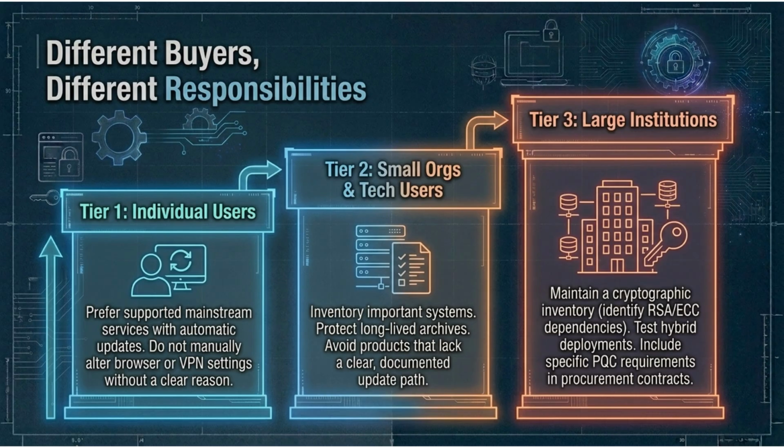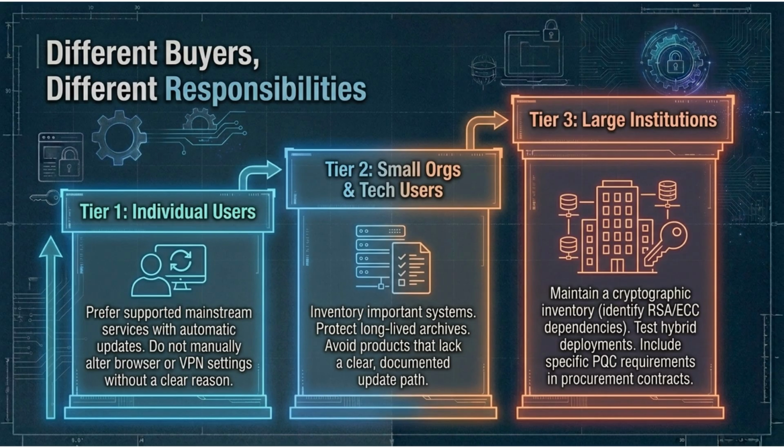Responsibilities during this transition depend heavily on the role of the buyer or organization. Individual users, representing Tier 1, should simply prefer mainstream, supported services that receive regular, automatic security updates. They do not need to manually configure advanced cryptographic settings. Tier 2 covers small organizations and technical users, who should inventory their important systems, protect long-lived archives, and avoid products that lack a clear, documented update path.